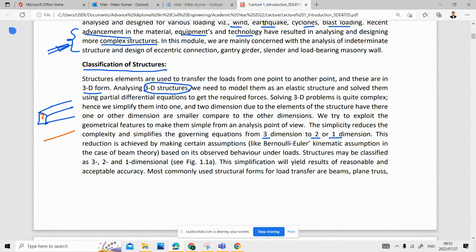You squeeze your dimension in this direction and this direction without compromising your analysis, without compromising your results. Although there is a slight change, and that you will understand once you go for higher studies in structural engineering, once you start using finite element.